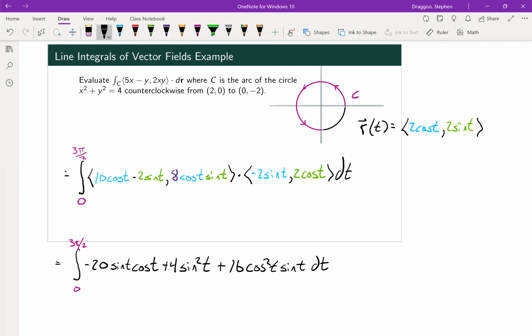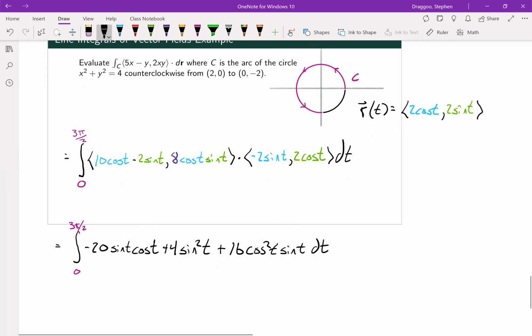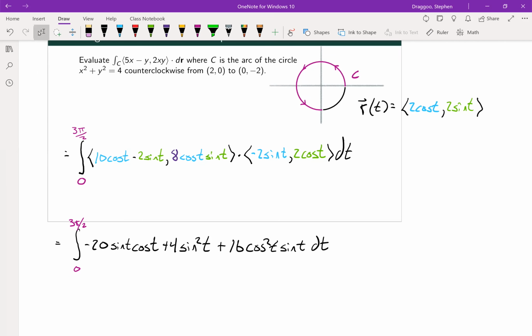So we end up with this integral here. The first and the third terms don't look like they'll be too bad. Each of those can be done with pretty easy u substitution.